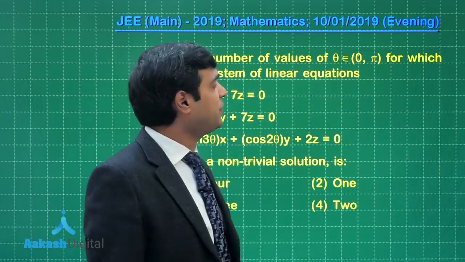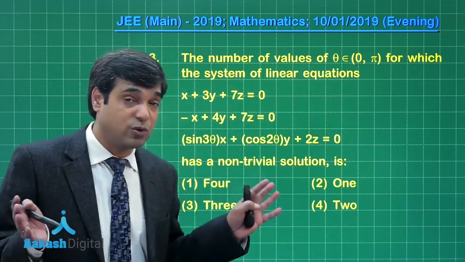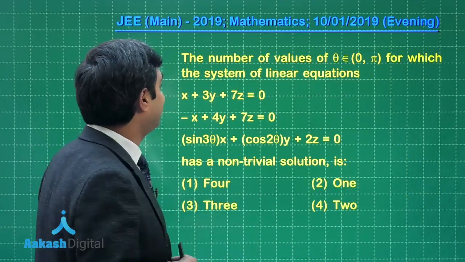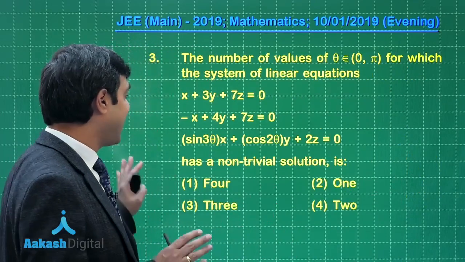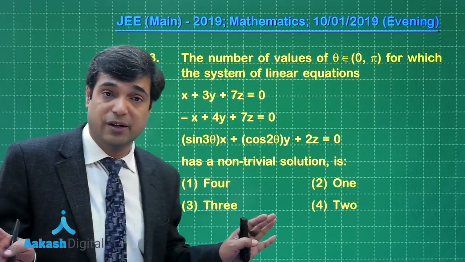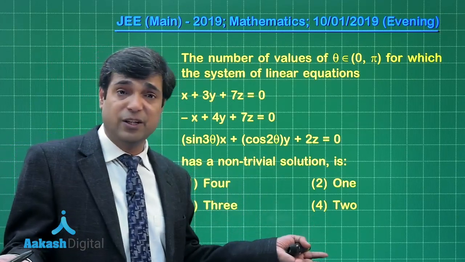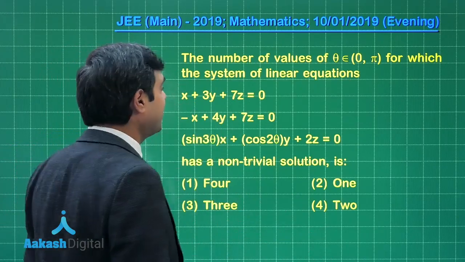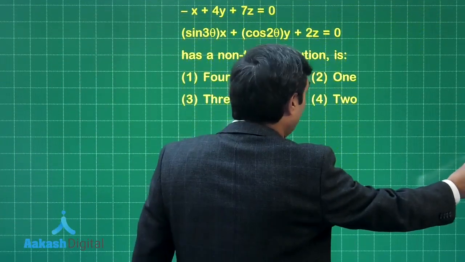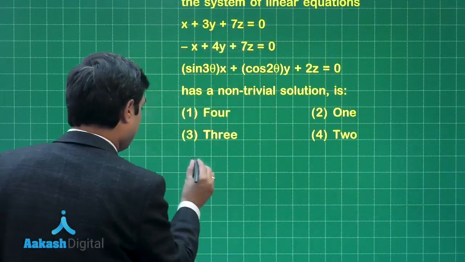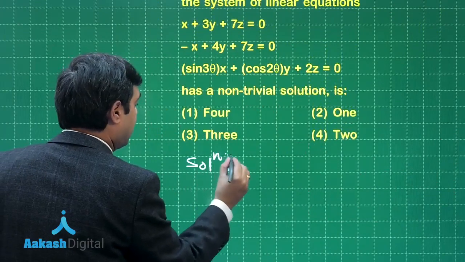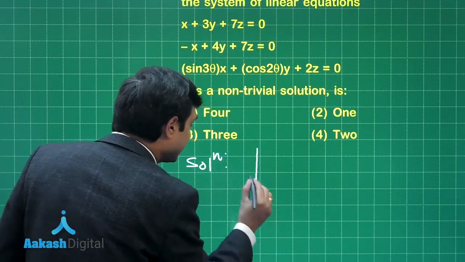The number of values of theta in the open interval 0 to pi, for which the system of linear equations has a non-trivial solution. A system of equations has a non-trivial solution, meaning the determinant is 0. So simply get the determinant of this system as 0. So let us write down. We can write any of the three equations as the first equation.